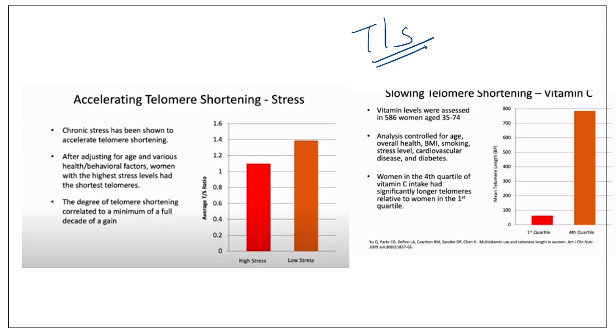Comparing people who took vitamin C in only one quartile with those who had vitamin C in all four quartiles, you can see they have a greater T by S ratio, or mean telomere length, so much higher than the people who consumed less vitamin C. So telomere shortening can be accelerated by stress, and we can slow it down by having vitamin C in our diet.